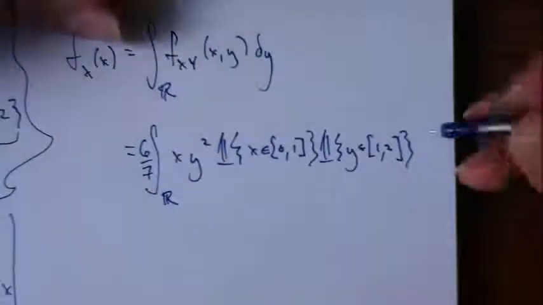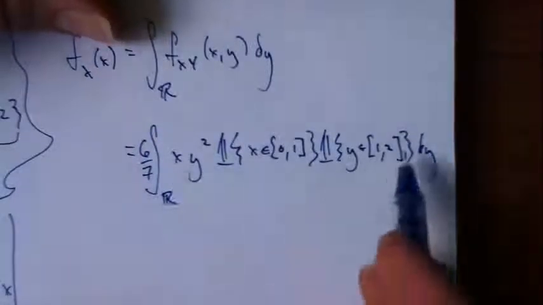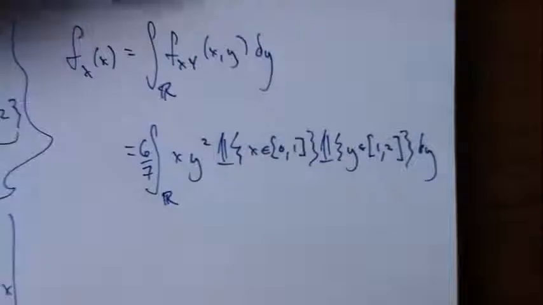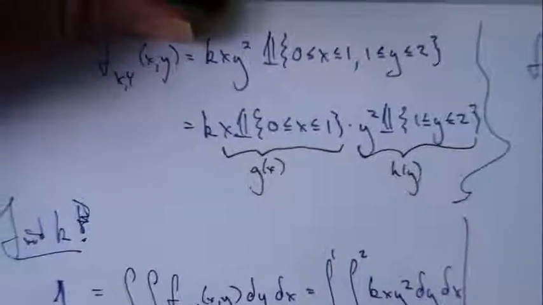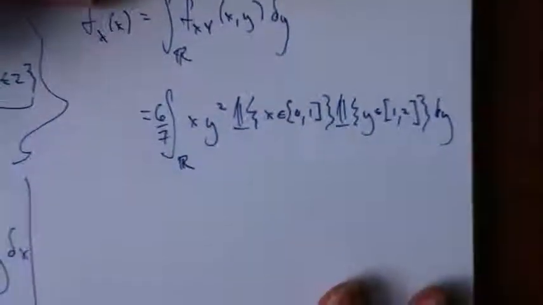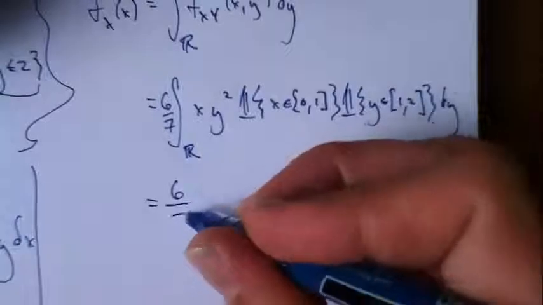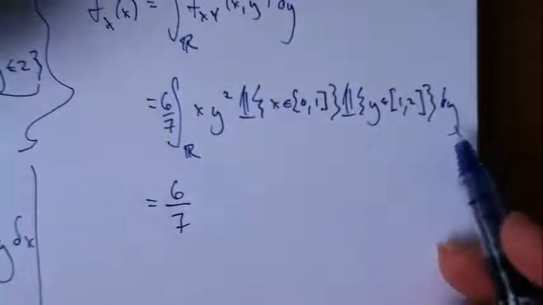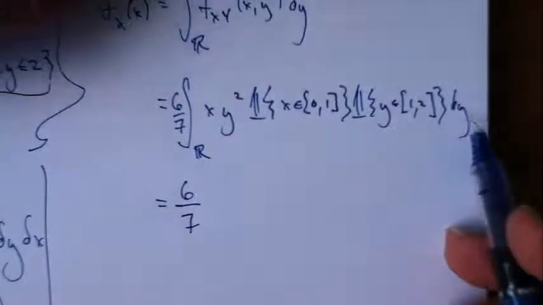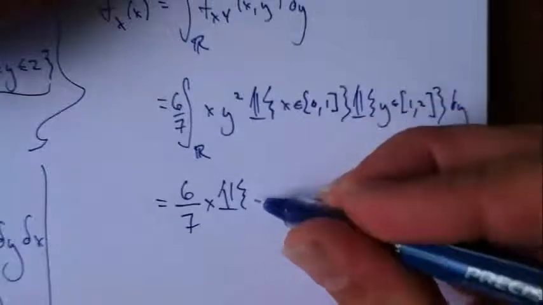And all of this is with respect to y. See how I did that? I just plopped the entire joint density function into the integrand there. I'm still integrating over the entire real line, but I'm only integrating out, so to speak, the y stuff. So x comes out, it's constant. In fact, that indicator stuff with the x in it also comes out.